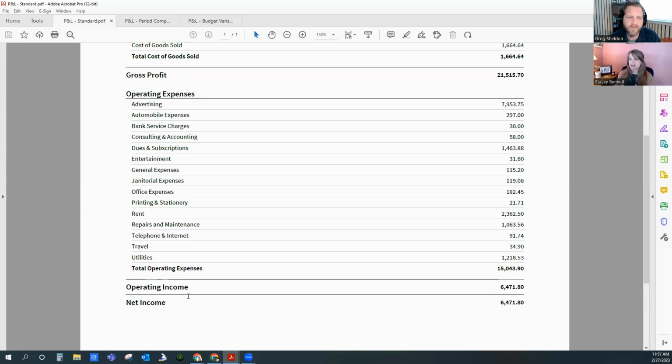I say maximize your legally deductible expenses and create a healthy company. So you want your net income to be as low as legally possible while still maintaining financial health and operating on a sustainable budget. That's how I would say it.